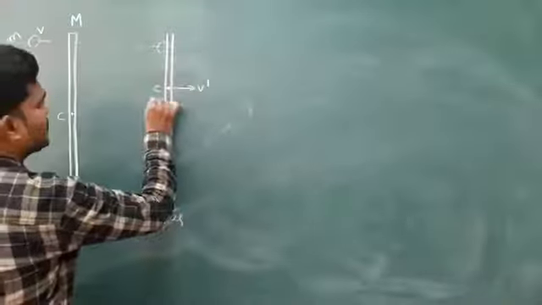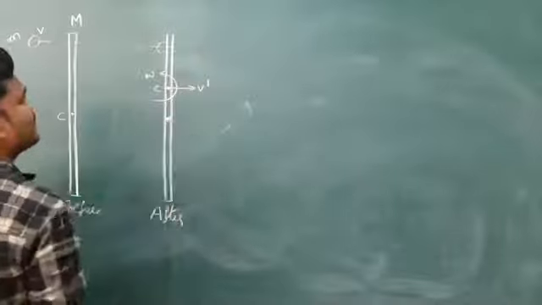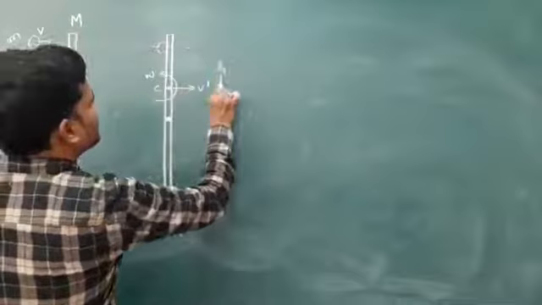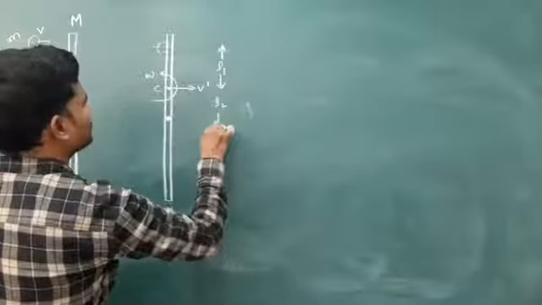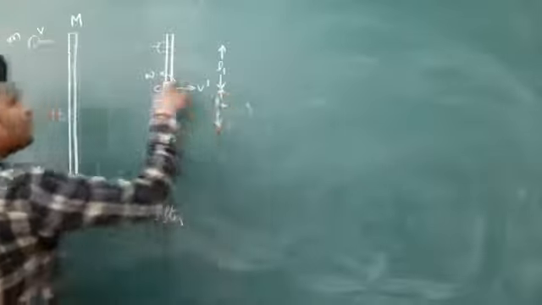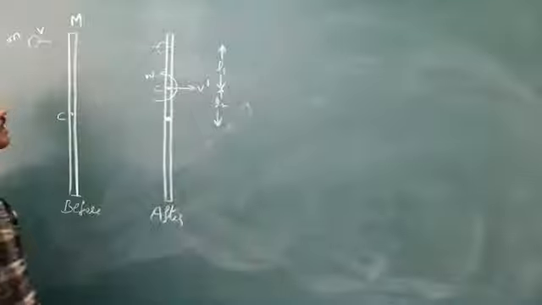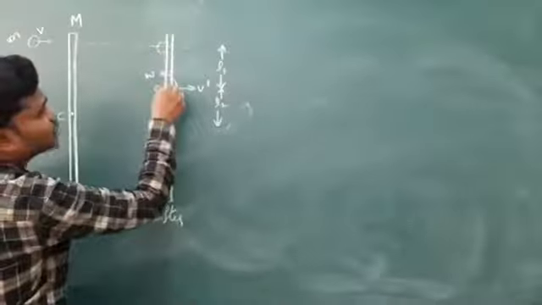V dash is the linear speed about the center of mass, and omega is the angular speed. Here, from here to here, let us suppose the distance is L1 about the center of mass, and this distance is L2. From here to the top is L by 2, but from this to this we don't know.